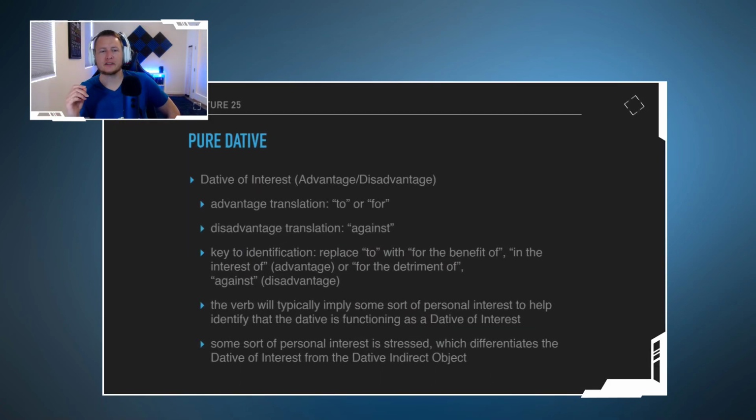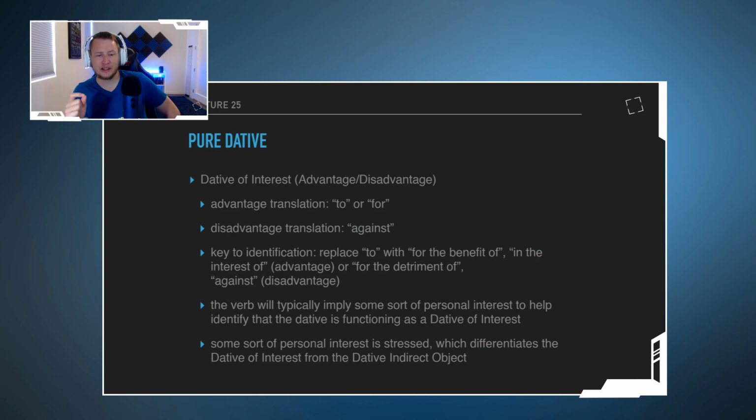Another pure dative is dative of interest, which is either advantage or disadvantage. It's either the interest of advantage or disadvantage. So advantage, you would translate to or for. Disadvantage, you would translate against. So against him, to him, or for him.